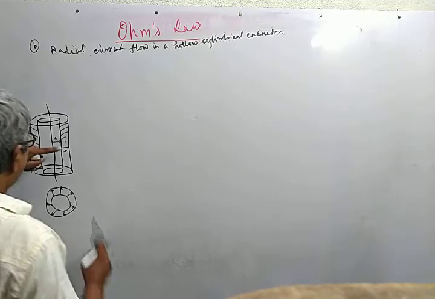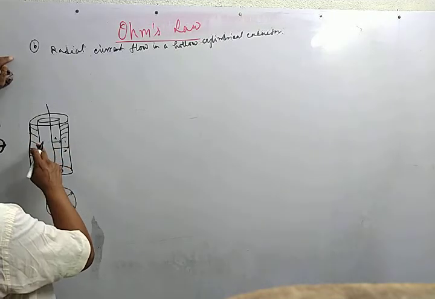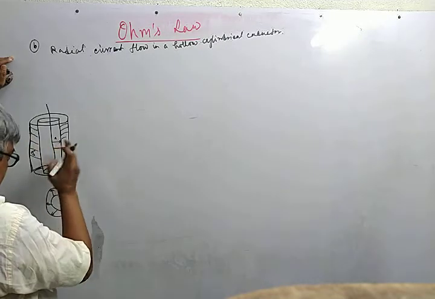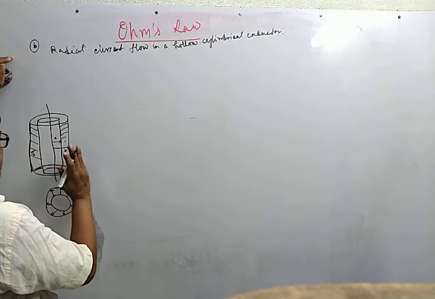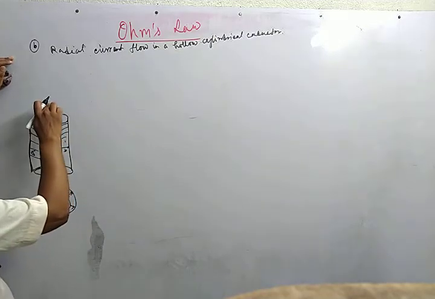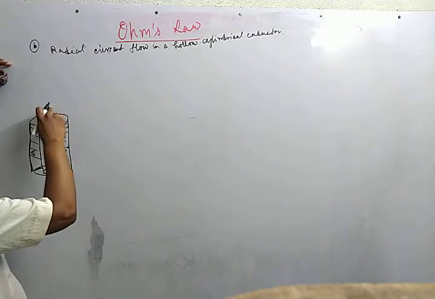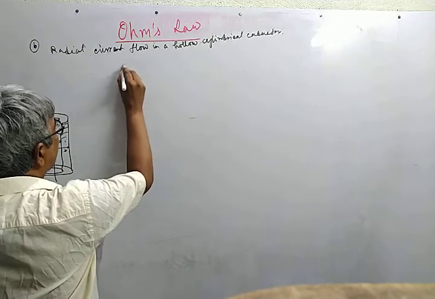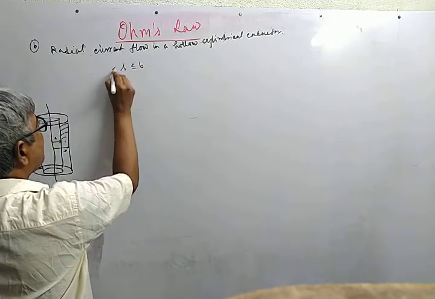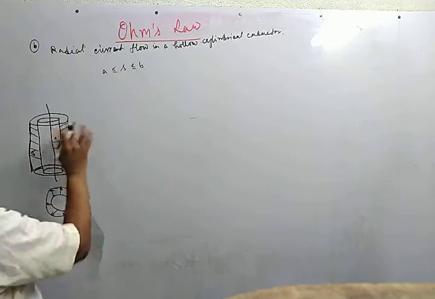If we assume the Gaussian surface as a cylinder, coaxial with the axis of the hollow shell and of radius s, where s lies between A and B. So this is in between the shells.